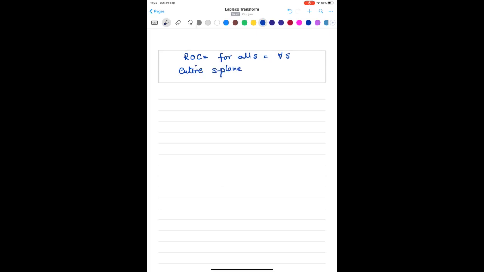Now another important signal is the unit step function.